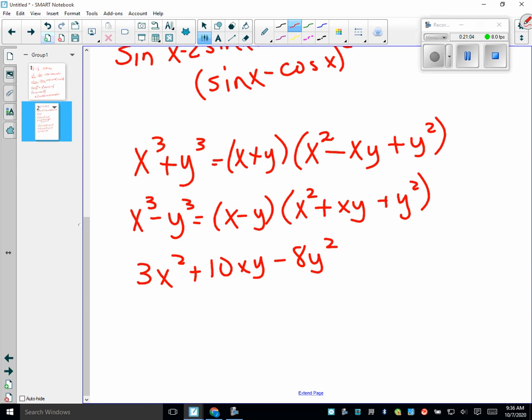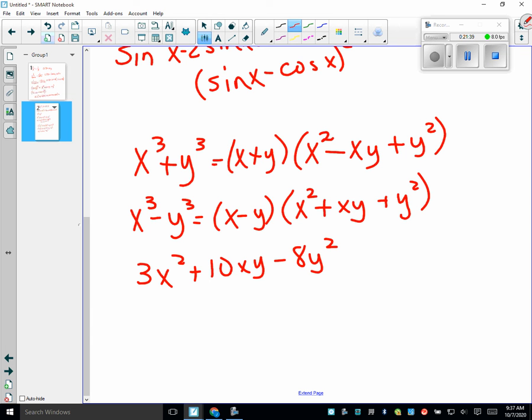So I can show you how I do it. What I can't show you is how you learned it. The way I do this, first of all, it's an x and a y, so I know each set of parentheses is going to have an x and a y, don't I? If you learned it differently, I don't want to reteach you. I just want you to be able to do it.